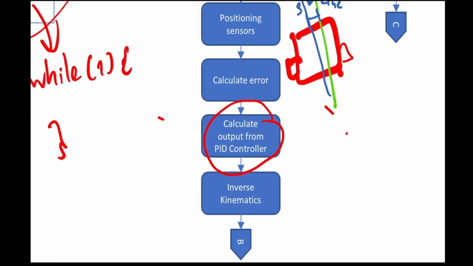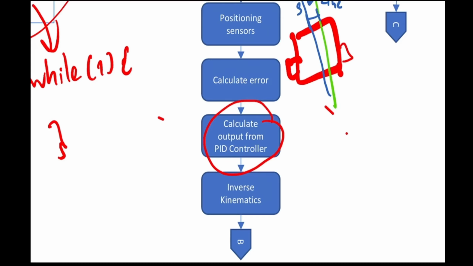I will explain it in the next slide. But lastly, we give the error to the PID control, and we use the PID control to compensate for the error.